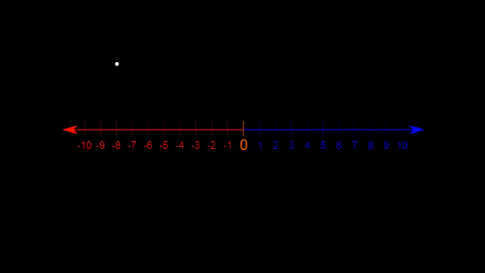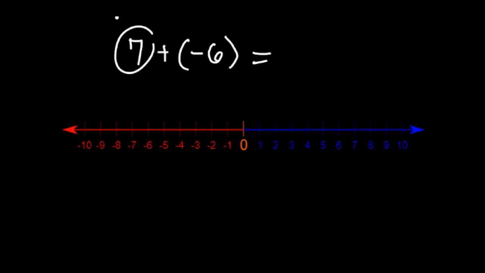Paano naman kapag ganito yung given natin? So, we have 7 plus negative 6. So, this time, magkaiba na po yung kanilang sign. Okay? So, unahin natin tong 7. So, since 7 is a positive integer, therefore, pupunta tayo dun sa right side. So, we have 1, 2, 3, 4, 5, 6, and 7.